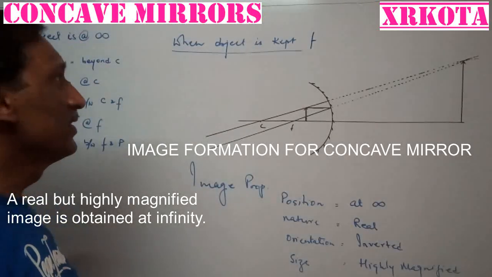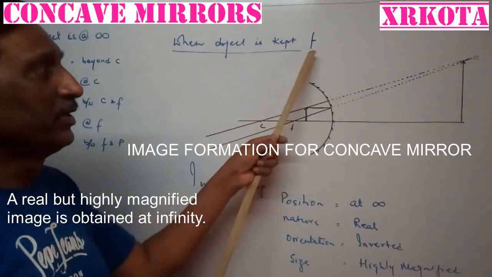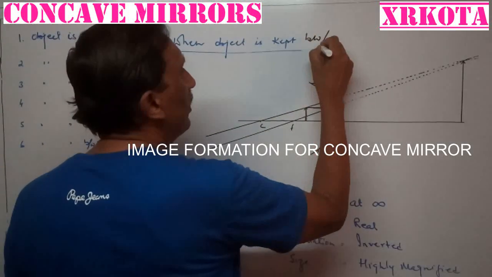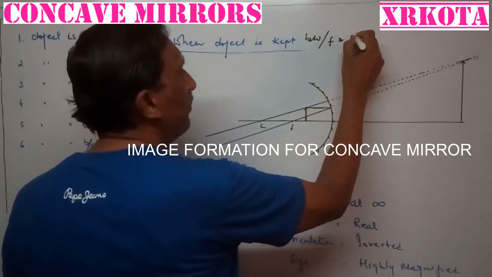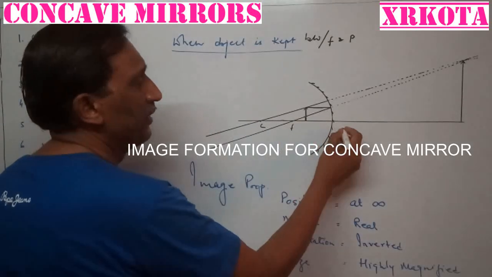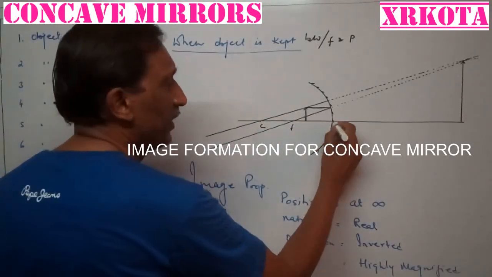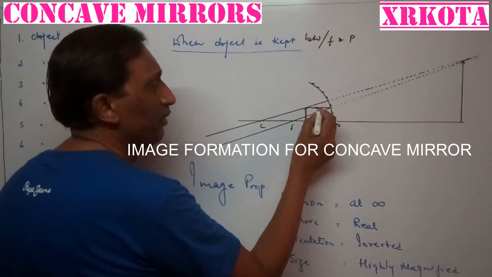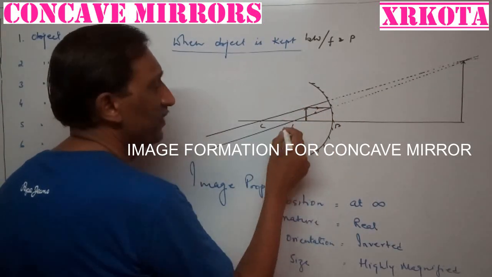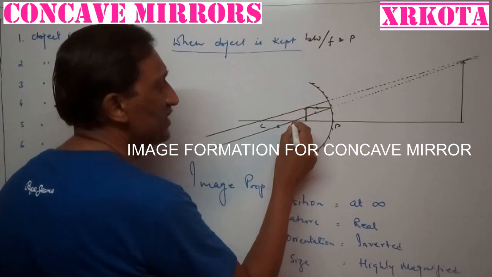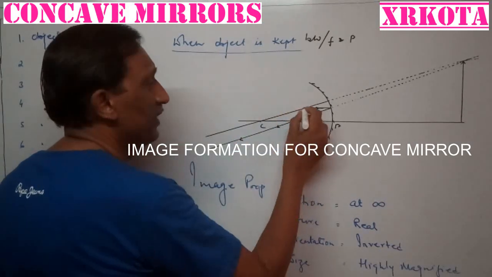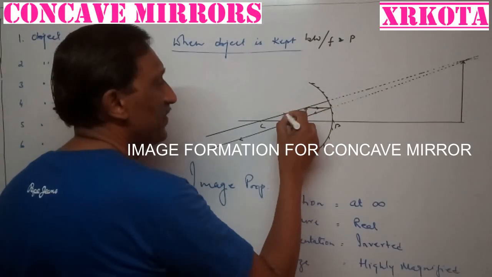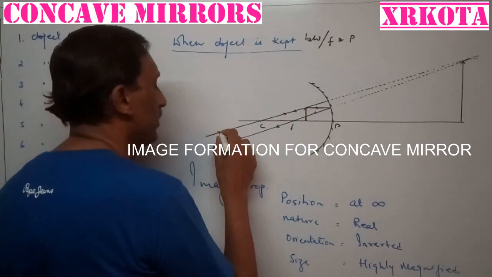In the last case, the object is kept between F and P. A ray running from its tip parallel to the principal axis after reflection passes from F, this is F, and the ray from its tip joining the C reflects back.